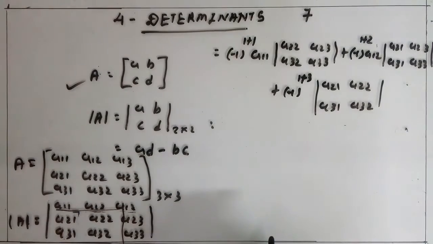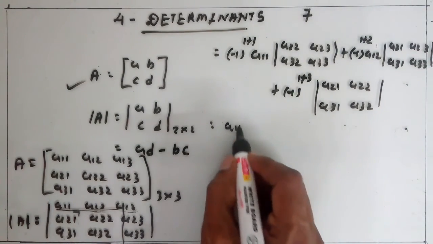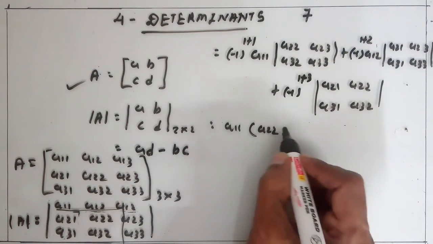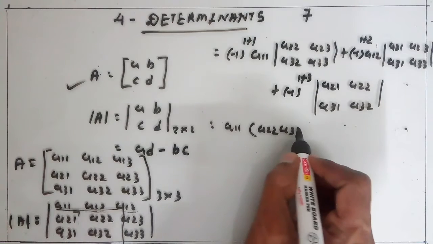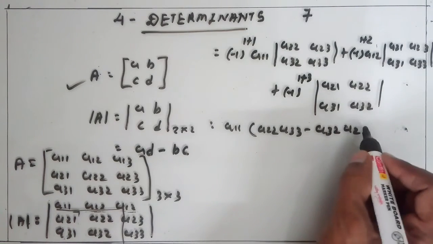So it is equal to, now -1 raised to 2 becomes plus, 2 into A11 into, value of this is equal to, we know that, A22 A33 minus A32 into A23.